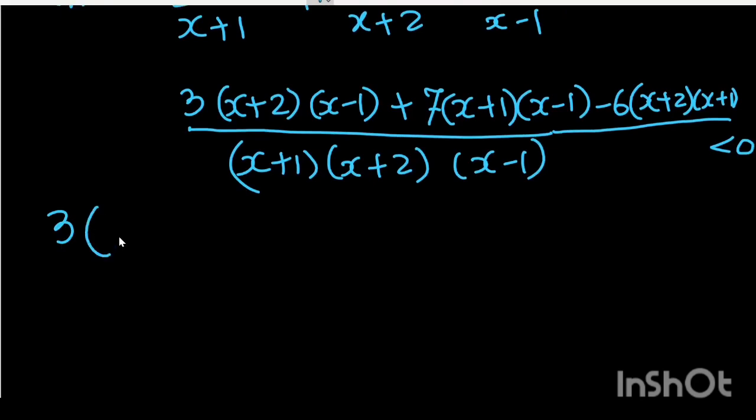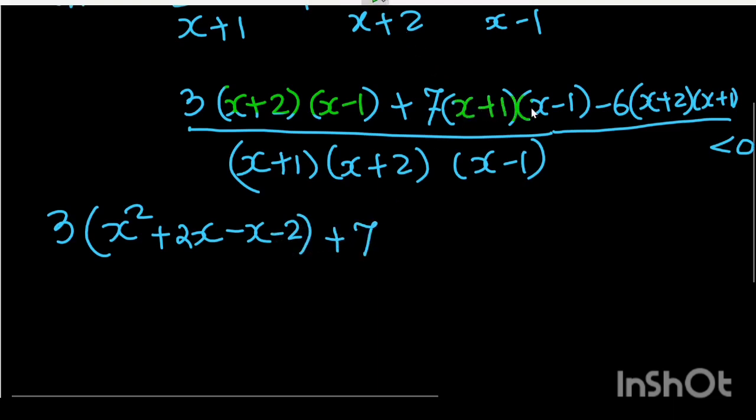So, guys, simplifying the first, x plus 2 into x minus 1. If you multiply them, you will get x into x, x square. Then x multiplied by 2, you will get 2x. Minus 1 multiplied by x, you will get minus x. Minus 1 multiplied by 2, minus 2, plus 7. Now we will multiply x plus 1 with x minus 1.